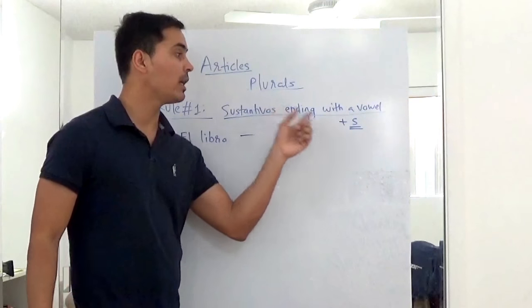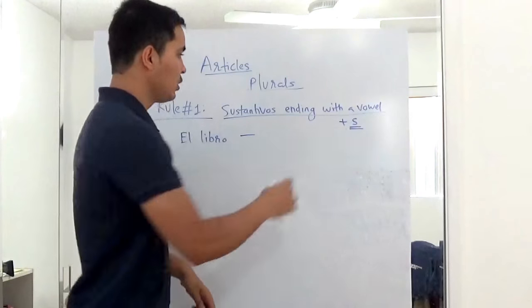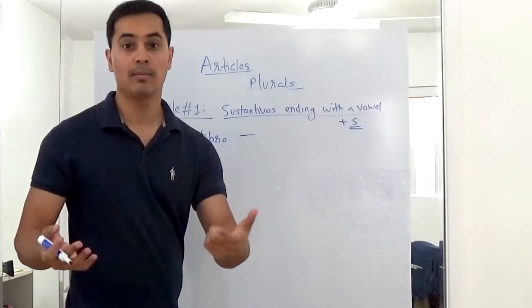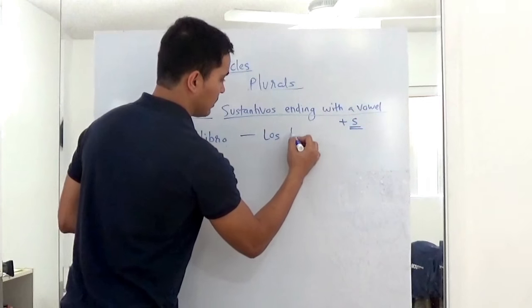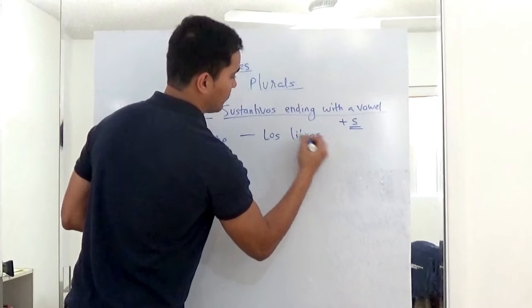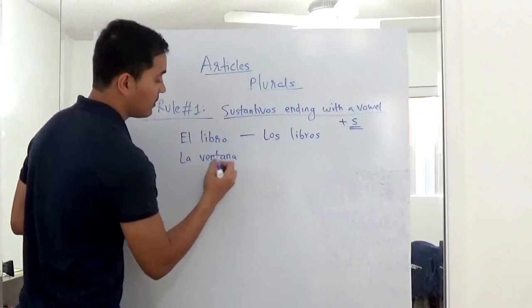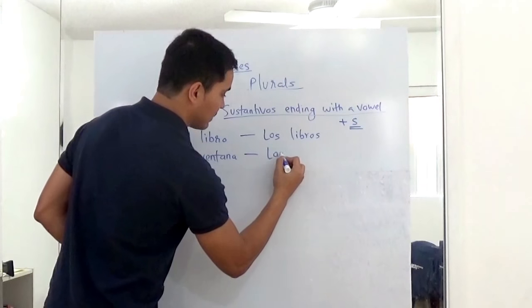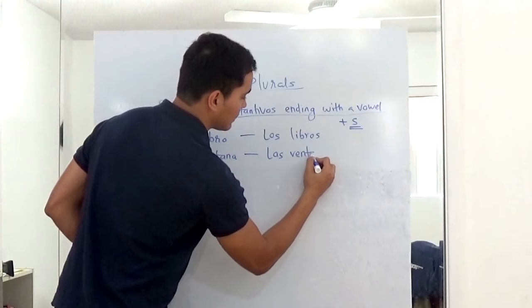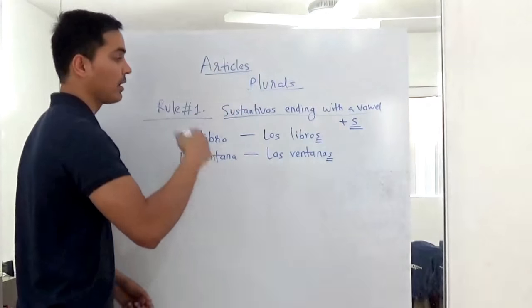When the nouns end with a vowel, that is A, E, I, O, U, you add S to create the plural form. So, el libro, los libros. La ventana, which means the window, las ventanas. So, you just add S to make it plural.